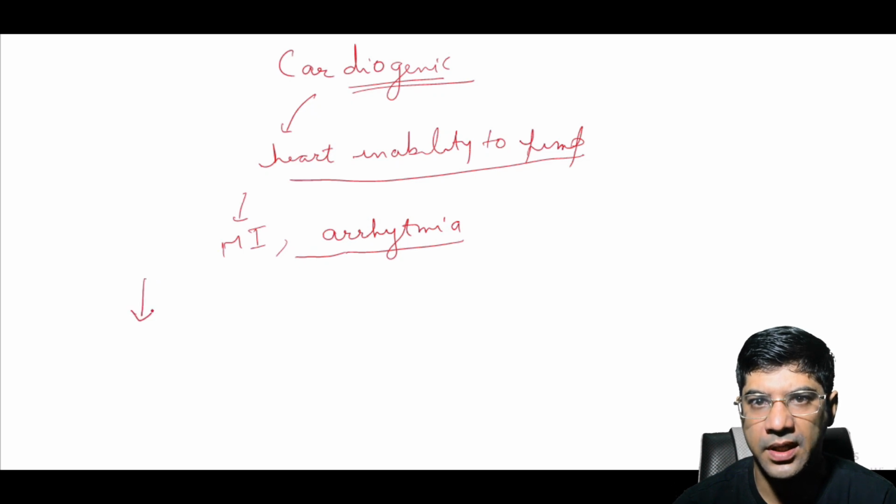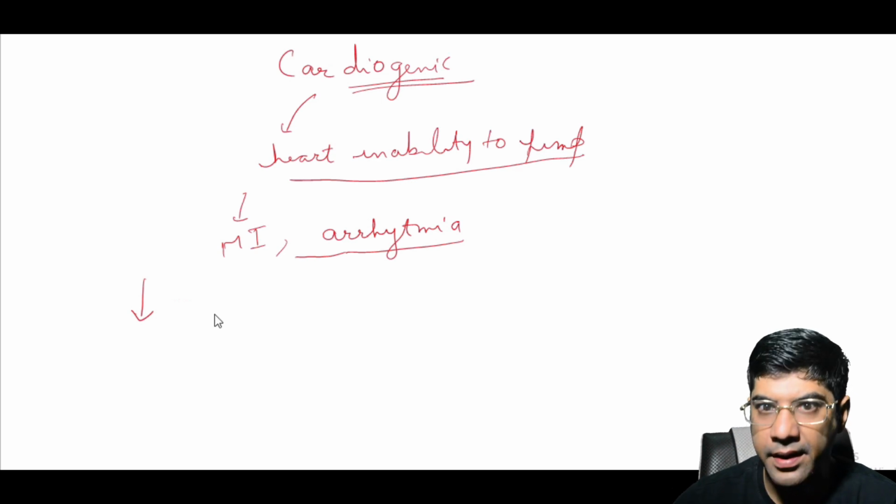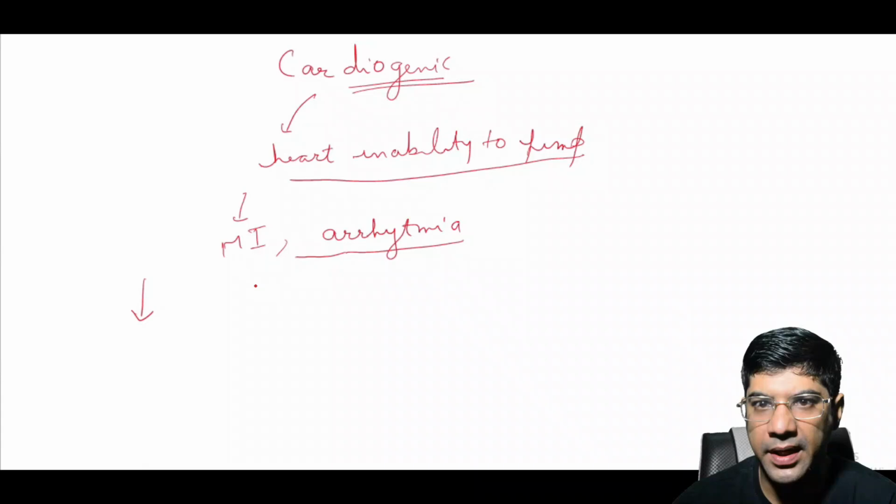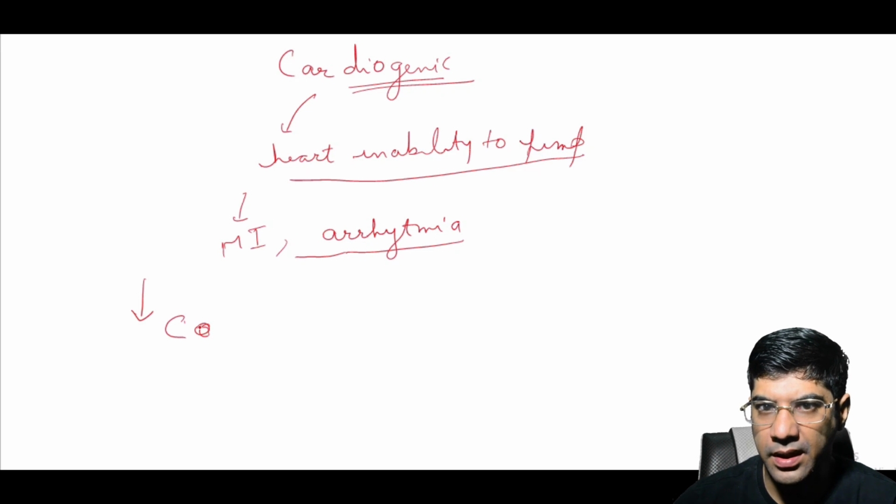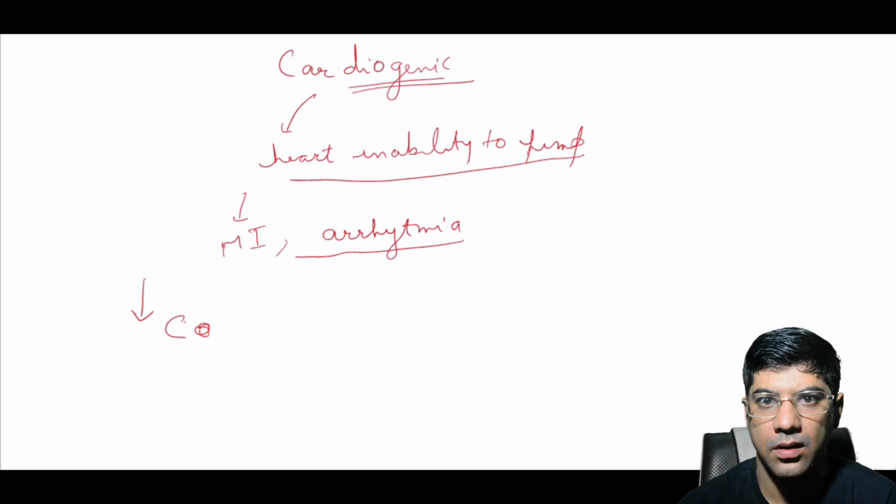Due to the heart's inability to pump effectively, there is a reduction in the cardiac output. That means the amount of blood being ejected from the heart into circulation is reduced.